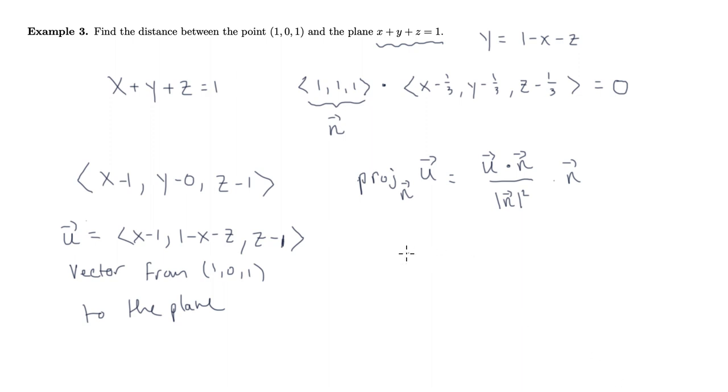Okay, so what is u dot n? Well, u dot n is just going to be x minus 1 plus 1 minus x minus z plus z minus 1, all over the length of the normal vector squared, which is 1 squared plus 1 squared plus 1 squared, so 3.